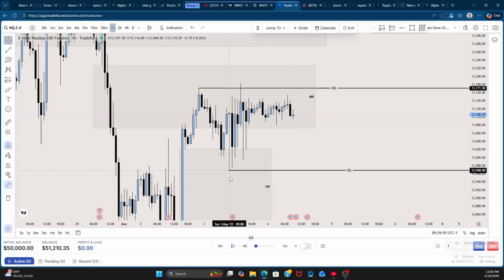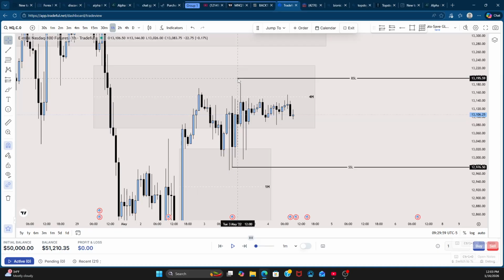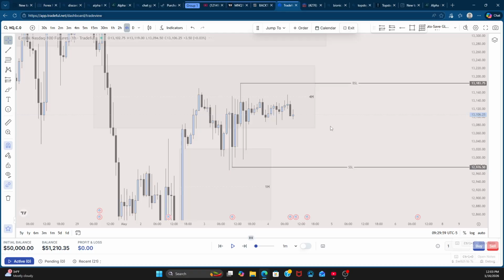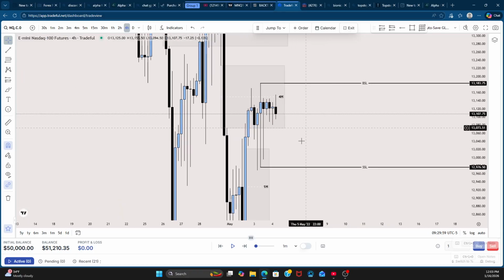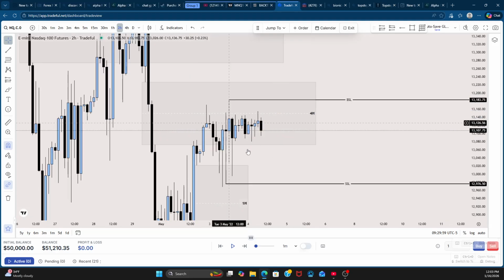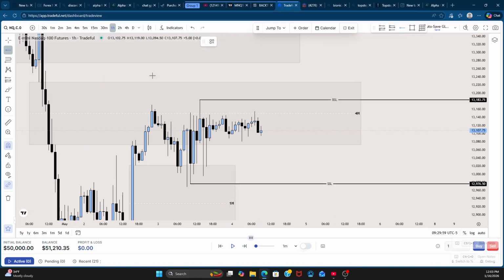JOLTS job openings didn't do anything for price action. Well, we're accumulating, and I'm assuming that's due to us being inside this 4 hour, right? I don't know where we want to go from here on the 2 hour. Dude, this is just chop. What is even any of this?